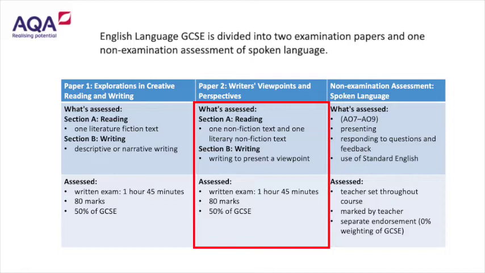The key skills will now include comparison. The writing section will only have 1 question. You do not get a choice this time. This time you will need to write to present a viewpoint, preferably your own. Like paper 1, this paper is also 1 hour and 45 minutes, worth 80 marks and makes up the final 50% of your English GCSE.